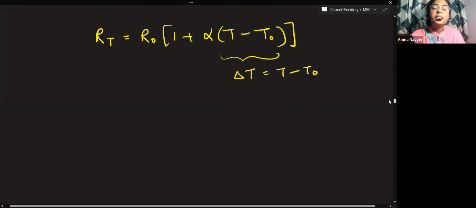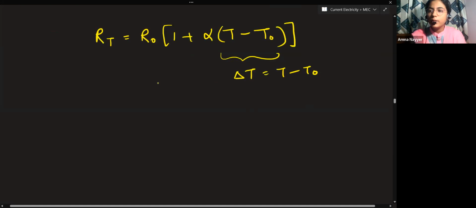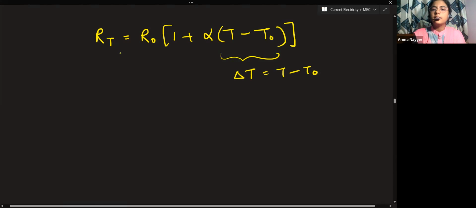This is similar to the formula which you must have done in class 11: linear expansion, superficial expansion, volumic expansion. Similar to that, this is the variation of resistance with temperature. There also temperature varied the length of any material. That's why you got LT is equal to L naught (1 plus alpha delta T). Similar is it for the resistance.